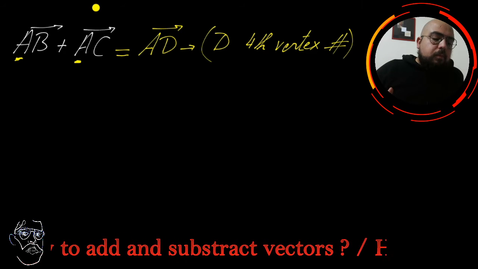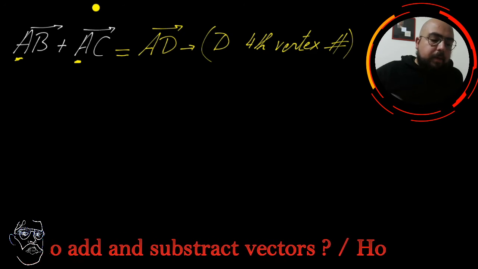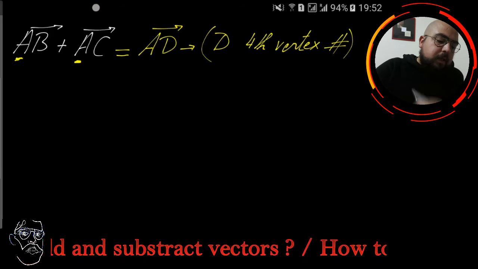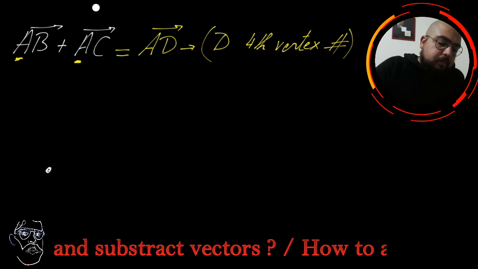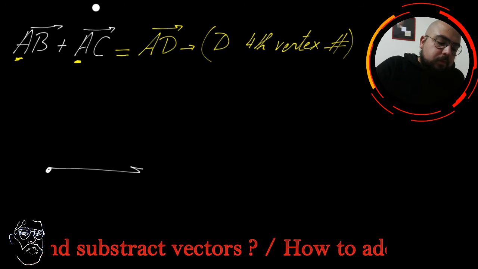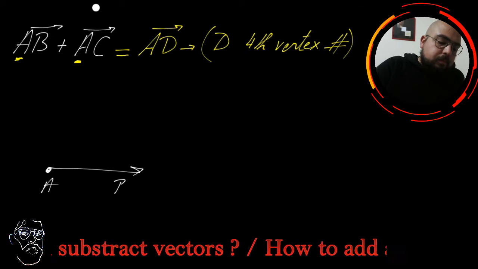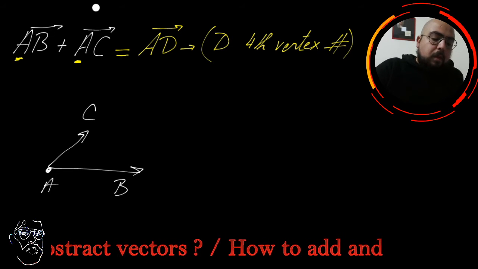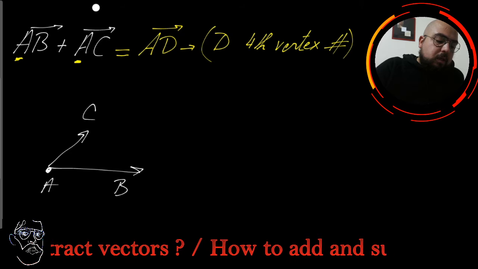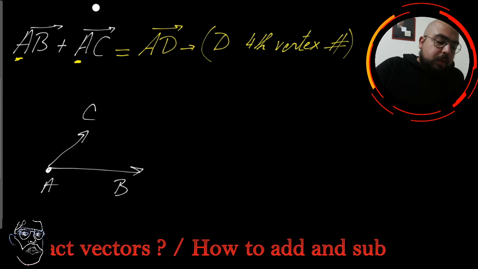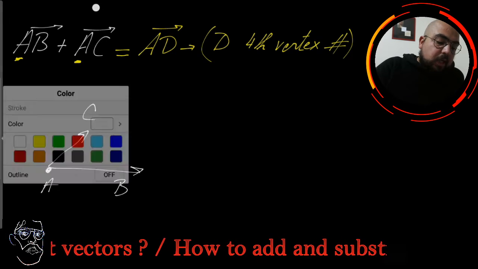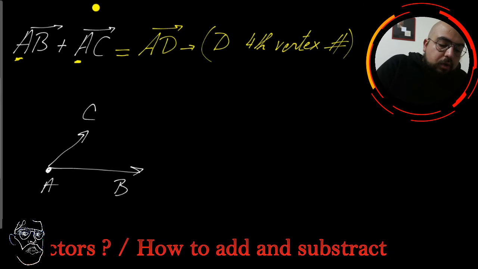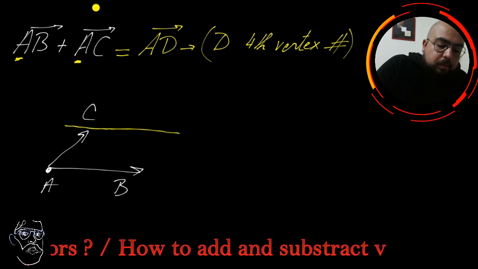Now, how do we complete the parallelogram? Again, it's very easy. I'm going to take my two vectors, AB and AC. So this is AB and this is AC. To obtain the resultant of AB plus AC, you complete your parallelogram.